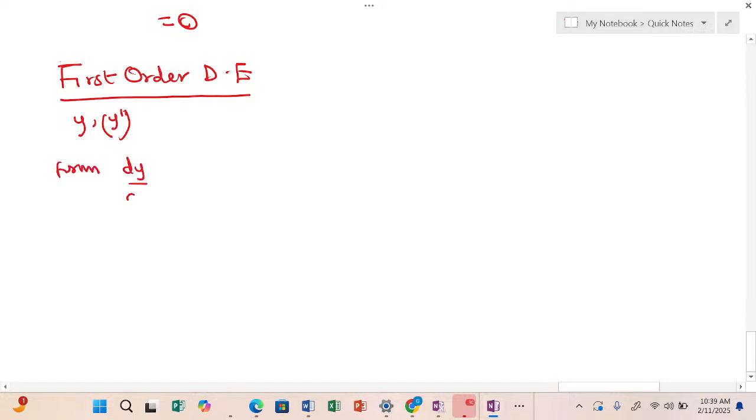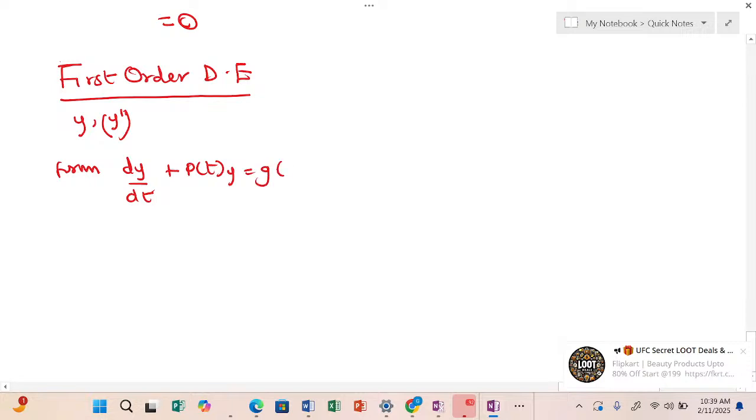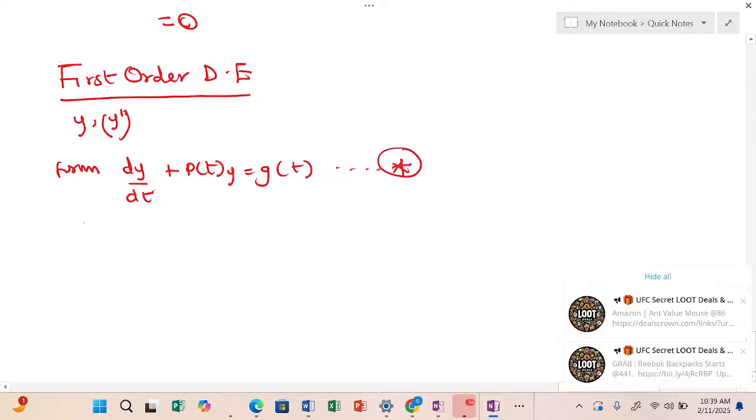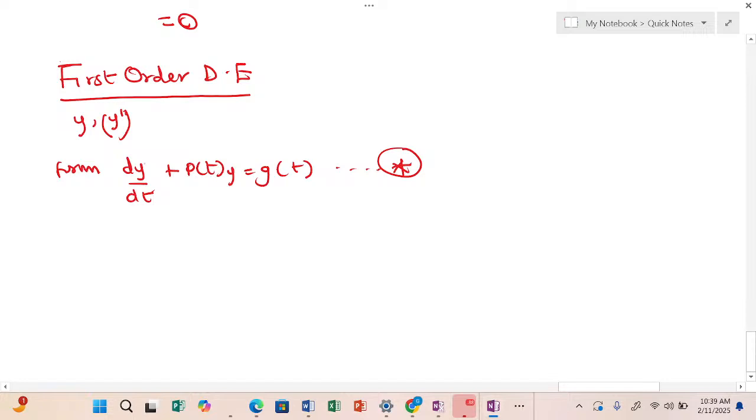dy/dt plus p(t)y is equal to g(t). So anytime we come across a differential equation of this format, then we know it is a first order in the sense that the degree of the derivative is 1, right?